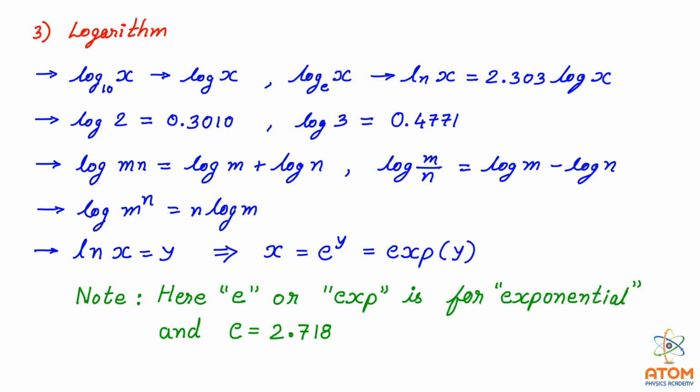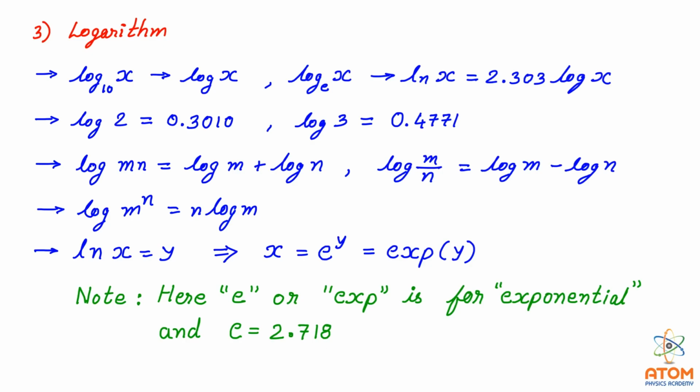One more equation is, if ln of x is equal to y, then x will be equal to e raised to y or exp y. Here this e or exp is denoting exponential. Exponential is a function and this e has a value 2.718.